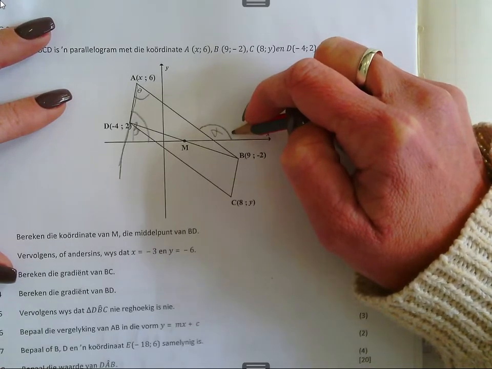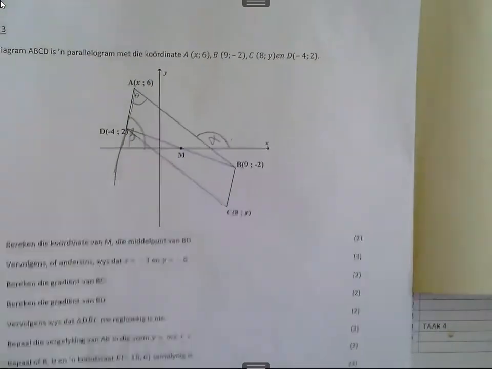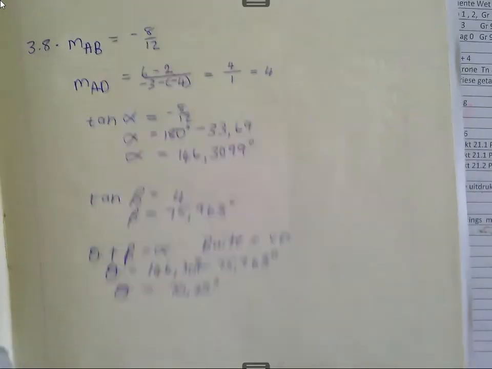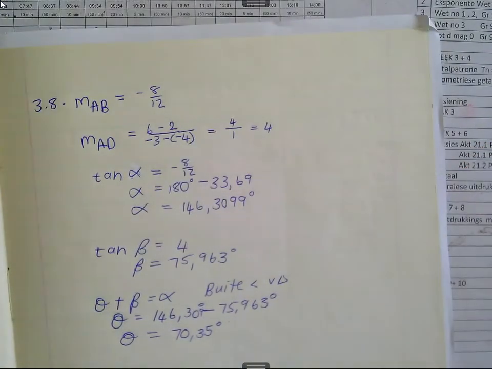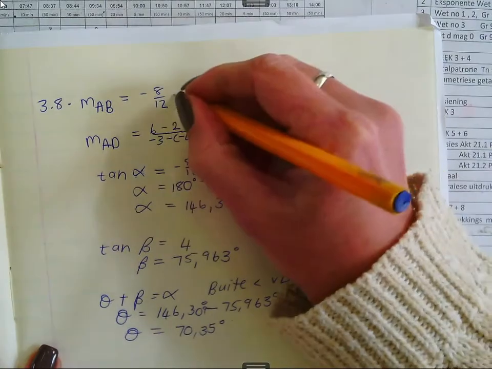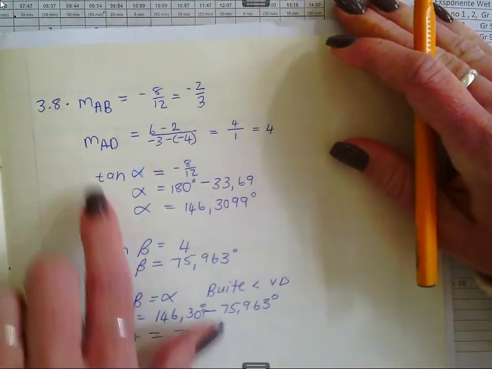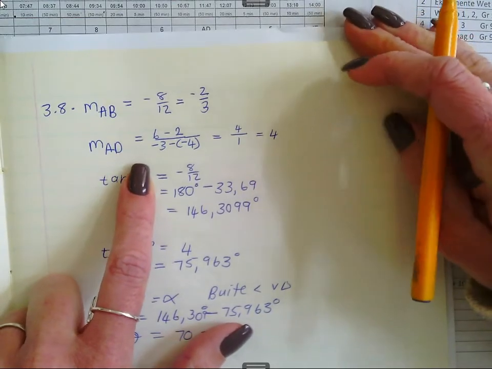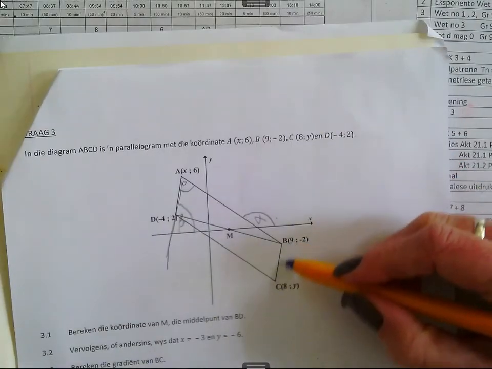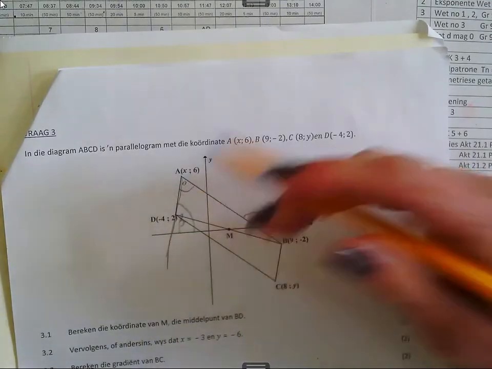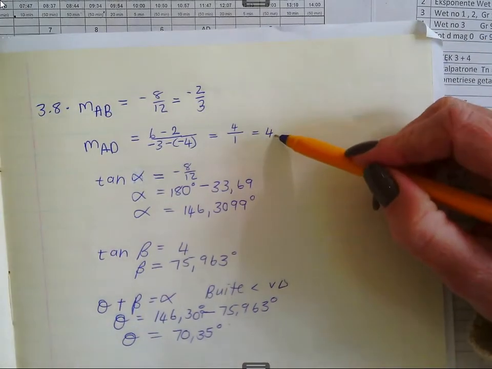Everyone? Okay? So I have the gradient of AB. It's negative 2 over 3. I calculated the gradient of AD, but you could have stolen it from BC, because they are parallel. But I calculated it, I found it to be 4.